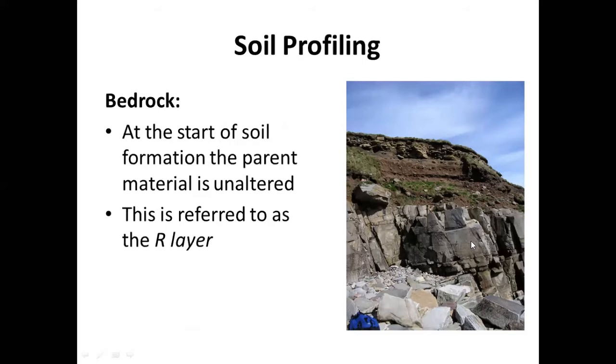But closer to the upper side, there are some greenish and brownish things here. Maybe the soil formation process has started in this area, but on the very surface of the rock, soil formation has not started yet. So this is the bedrock, and this is the initiation of soil formation.